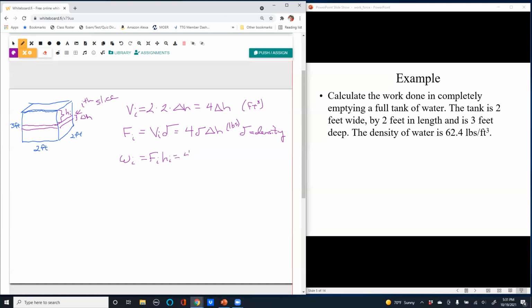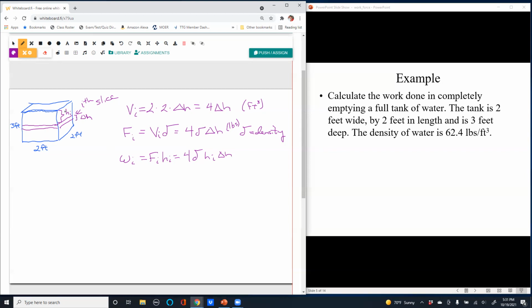So we have 4 delta H sub i delta H. Now notice the variables match. Something I want to point out here is why the variables match. Notice delta H was a vertical measurement. It's just the thickness of our slice. H sub i is also a vertical measurement. So we would use this.